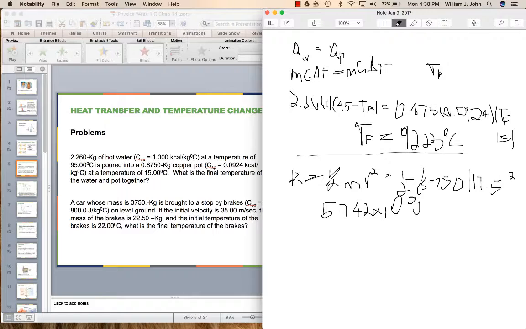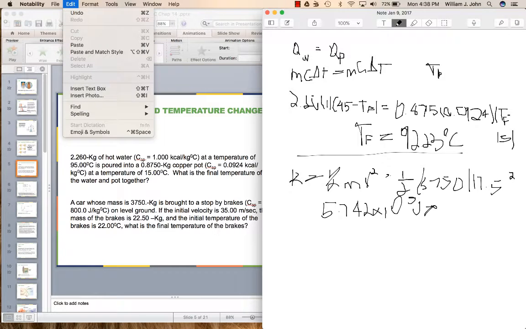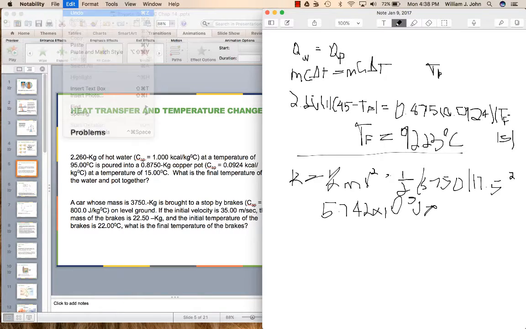And if we assume that that is transferred entirely, well, wait a minute. If we assume that that's transferred entirely into heating the brakes, it'll be m c delta t again.